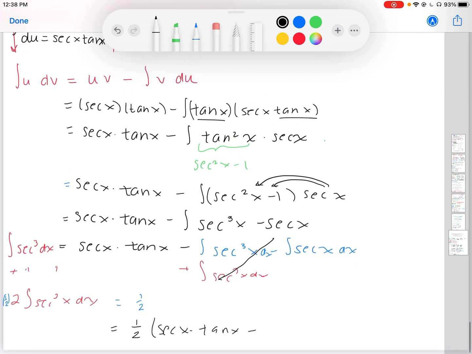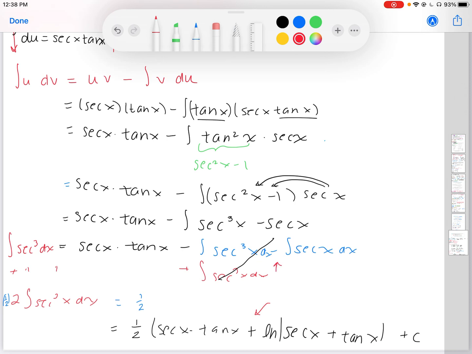In this case, it's an x. So that we have 1/2 times secant times tangent plus ln of secant of x plus tangent of x plus c.